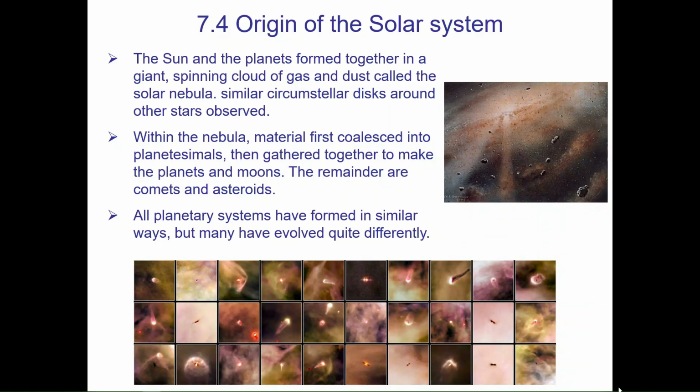However, we can get some clues on how the solar system formed by looking at the properties of the planets in the solar system, as well as the entire solar system. We know that all the planets lie in nearly the same plane and revolve in the same direction around the sun. It's pretty much a disk. And the sun also spins in the same direction around its own axis.